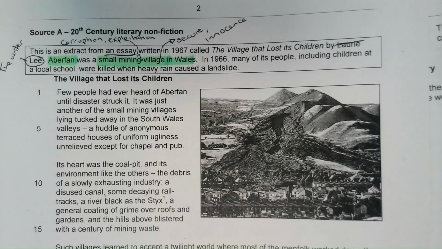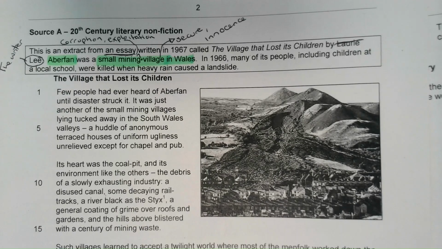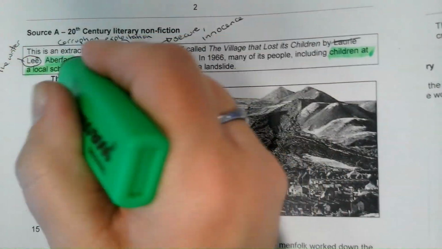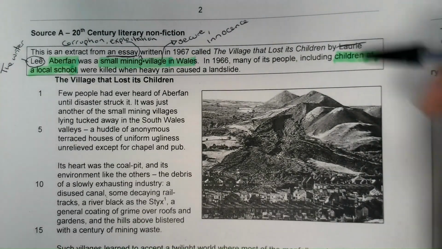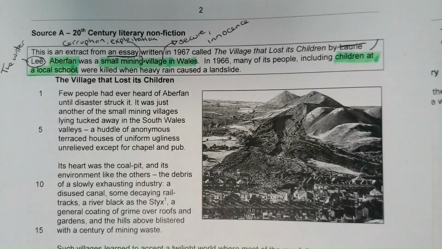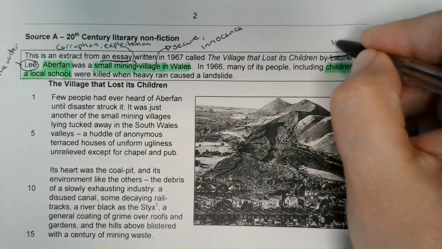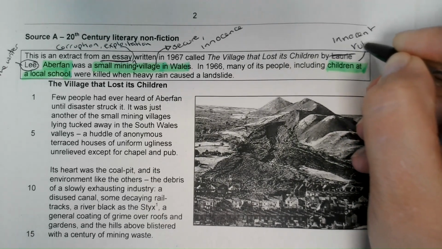So I've got my place, and I want to think about who the people are. So in 1966, many of its people, including children at a local school, so that's who the people are. So definitely, if I'm asking myself whether children are innocent or corrupt, I'm going to go with innocent. I'm going to go with vulnerable, not secure.